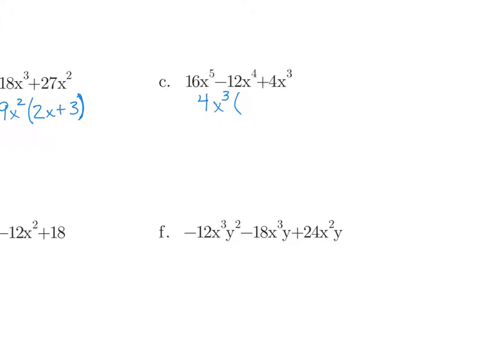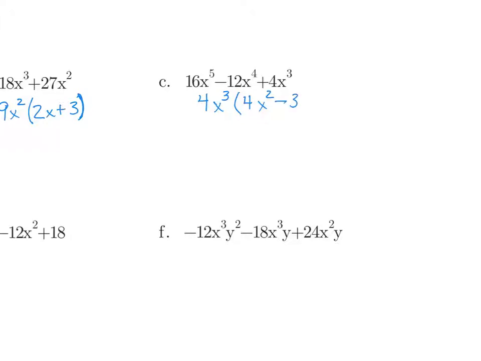And then now if I divide each term by 4x cubed, 16 divided by 4 is 4. X to the 5th, if we take away 3 x's, I'm left with 2. So 4x squared. My second term, if we divide by 4x cubed, 12 divided by 4 is minus 3.